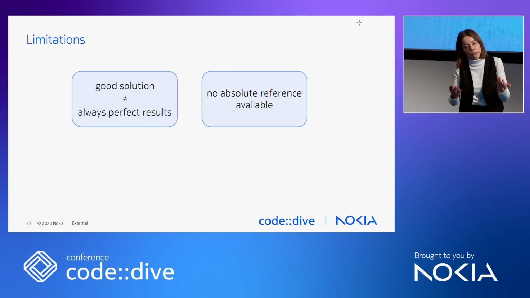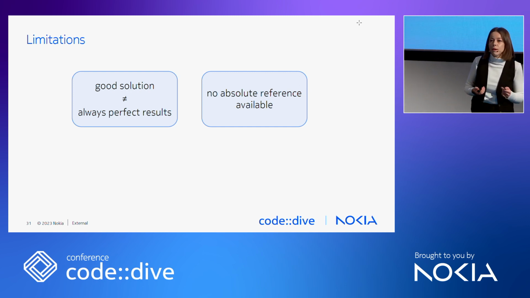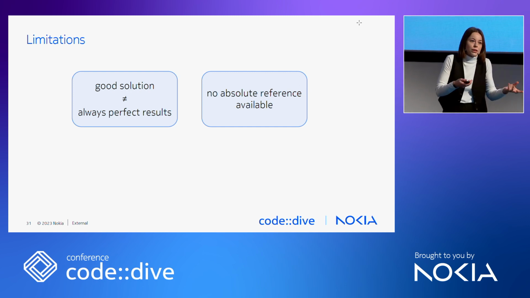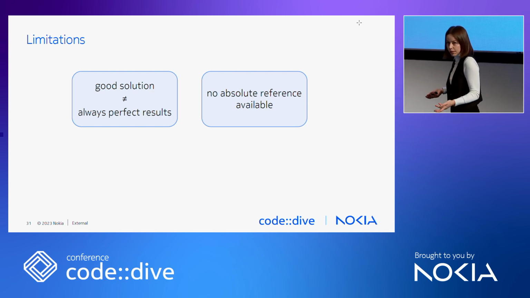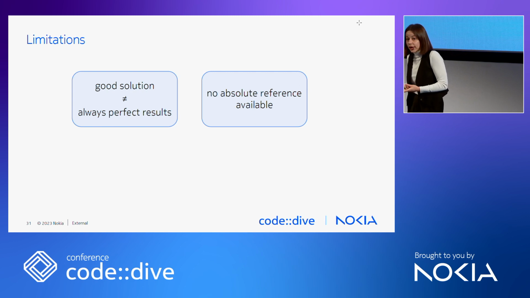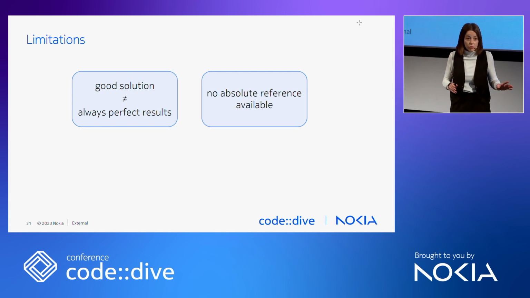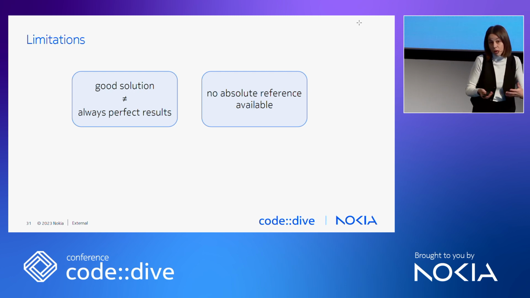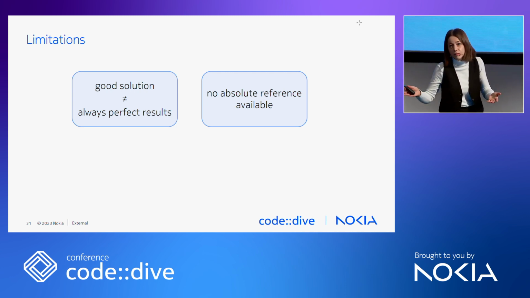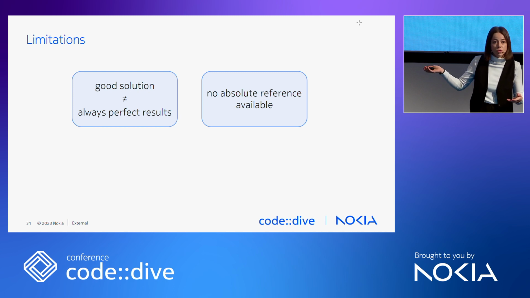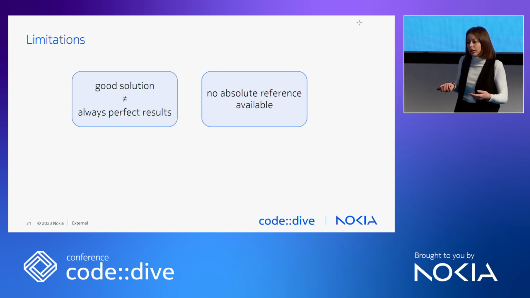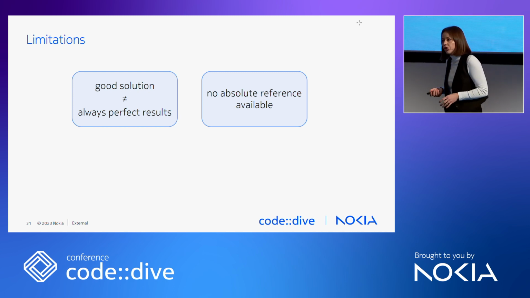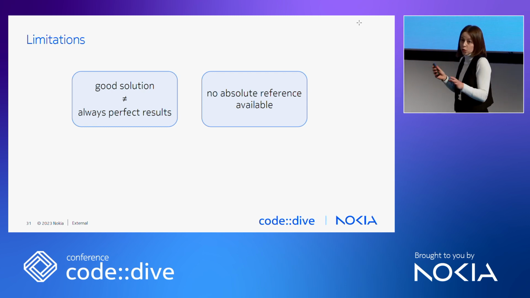And by absolute reference, I mean some other assessment's results that we know of that are objectively correct. So we can, and we of course do, compare the results from our method to some other methods, like for example the simple before-after comparison that I showed you before. But even those results are not to be trusted at all times.